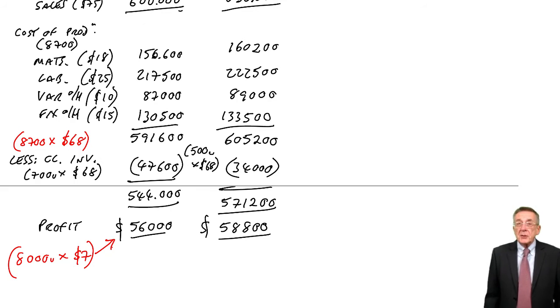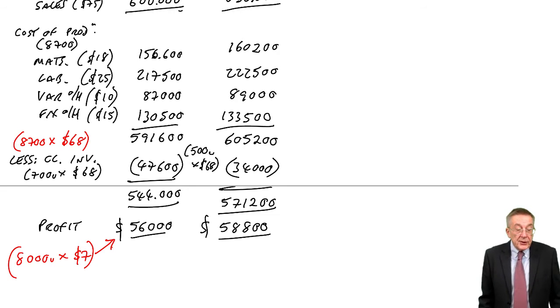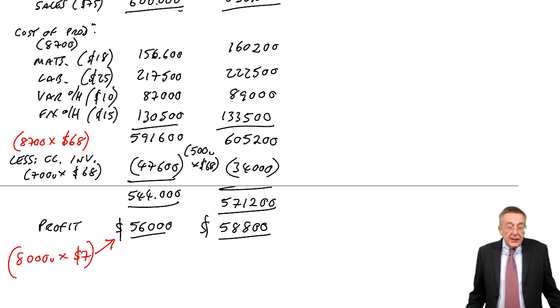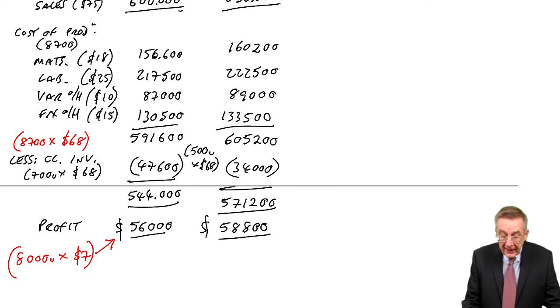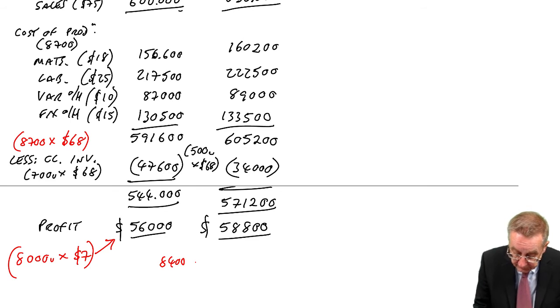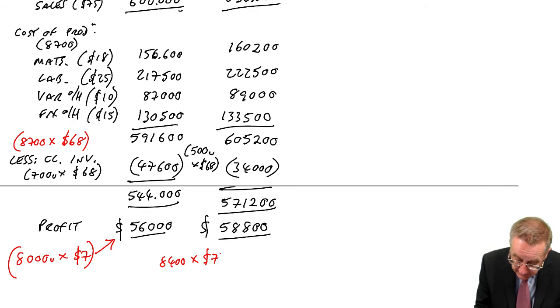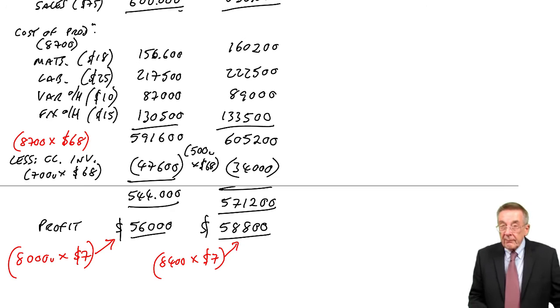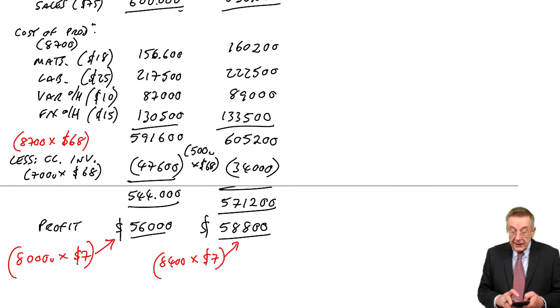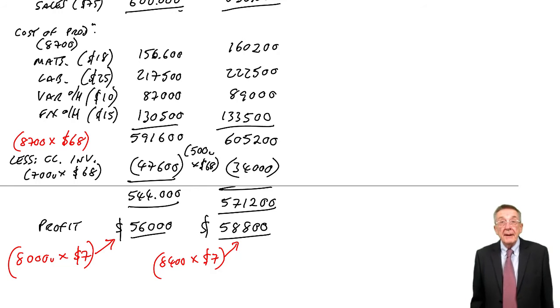Our job shortly is to explain why we don't make 56,000. And the most obvious reason is we sold more. And surely management are going to think, how many did we sell? 8,400. You told me the profit we expected was $7 a unit. And so they're going to be expecting rather to make 8,400 times 7, 58,800.